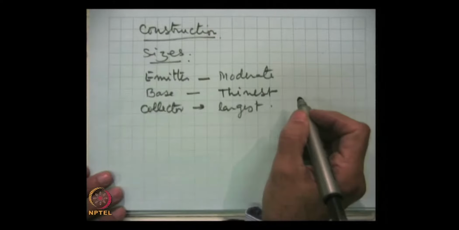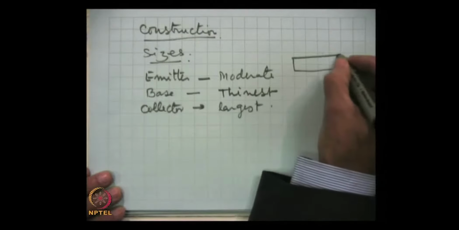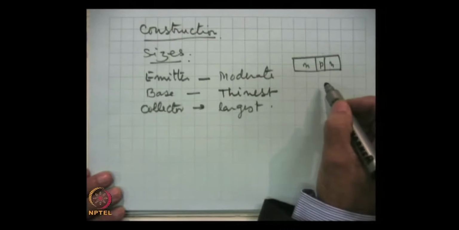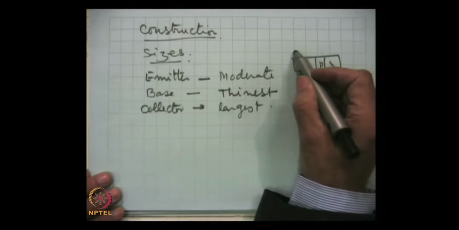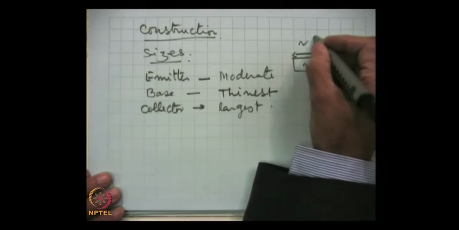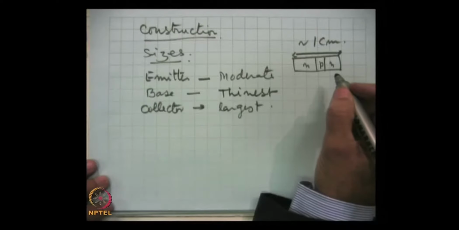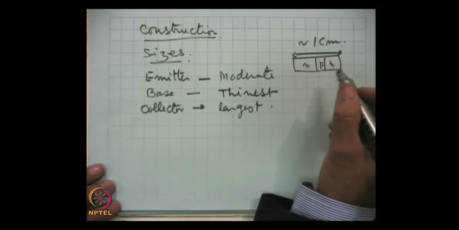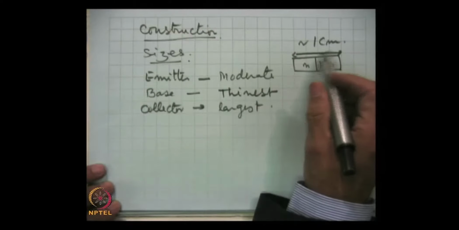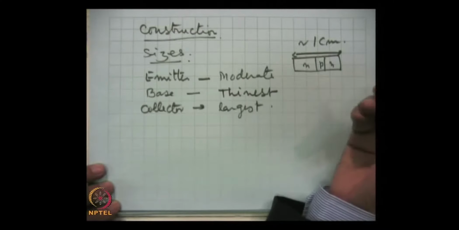And to give you the actual dimensions, when we talk of an NPN transistor, then in discrete devices this total length may be around a centimeter. We are talking of discrete transistors, and in integrated circuits where this is all on a chip, the sizes are reduced dramatically and the size may be smaller than a millimeter.